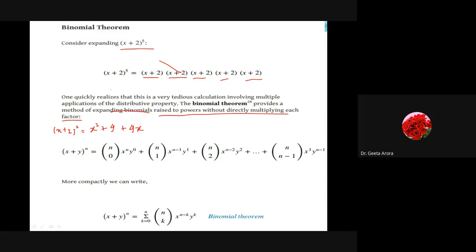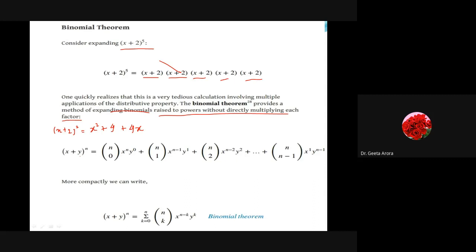So it's very tedious when the power is large. Suppose here we have 15. So obviously it's not feasible. So in that case, if I need the coefficients, we can go for the binomial theorem, and using the combination formula, easily I can find out which term has which coefficient.